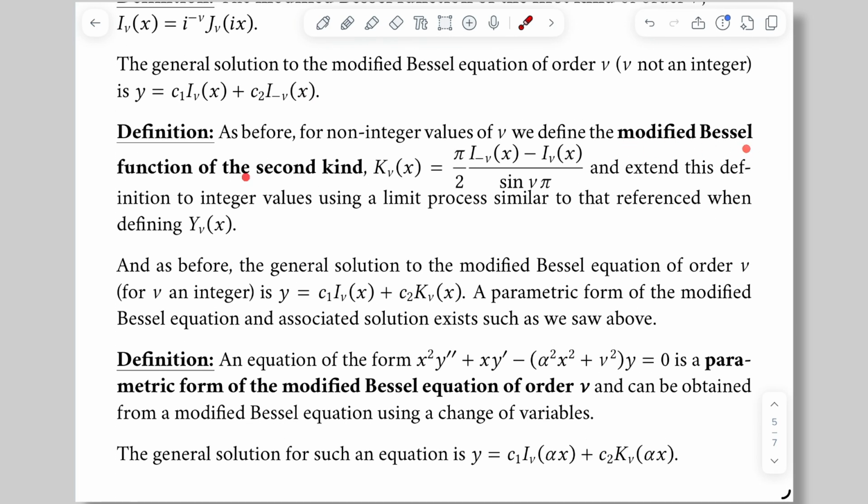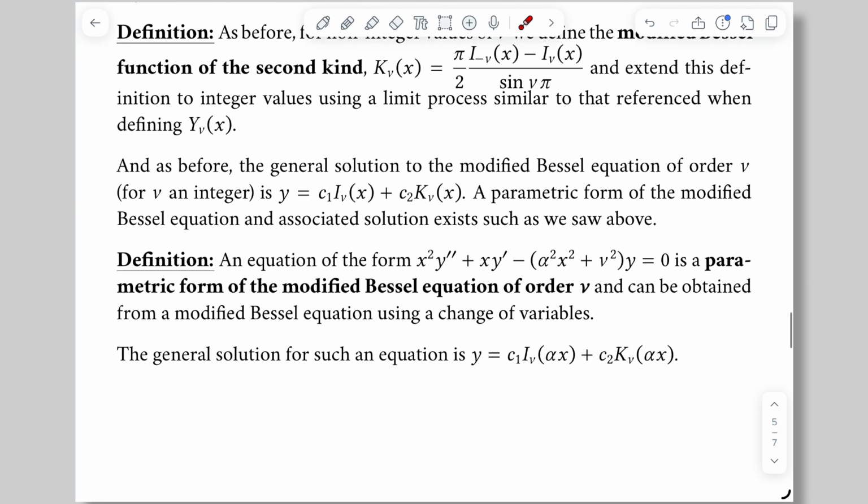The modified Bessel function of the second kind is denoted by K sub nu of x, and it is pi over 2 times I sub negative nu of x minus I sub nu of x divided by sine of nu times pi. So again, we can't have an integer in place of nu, but a limiting process will let us define K sub nu of x in the case that nu is an integer.